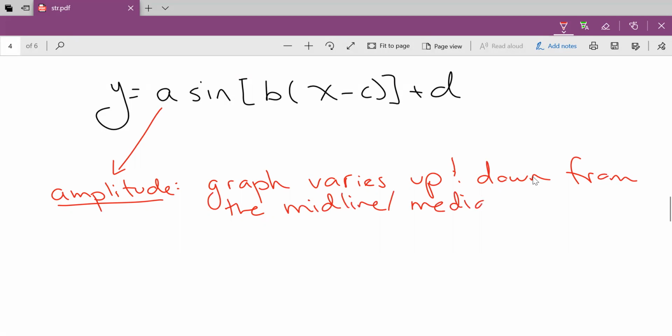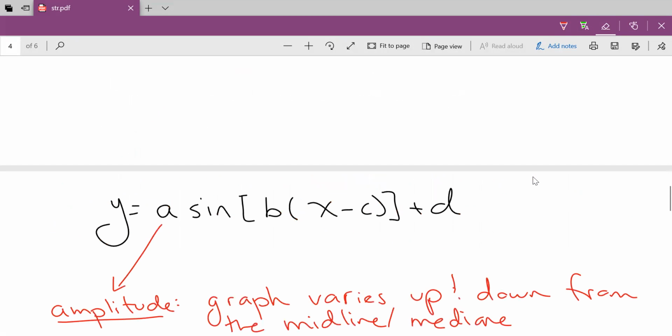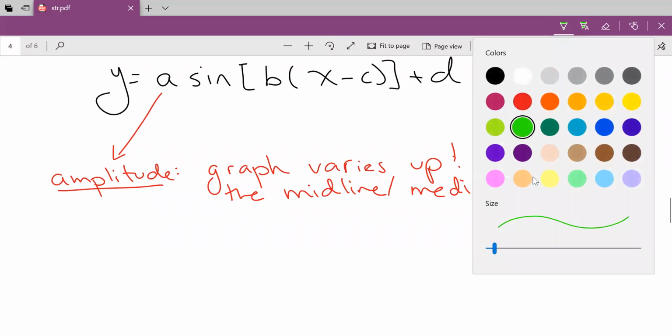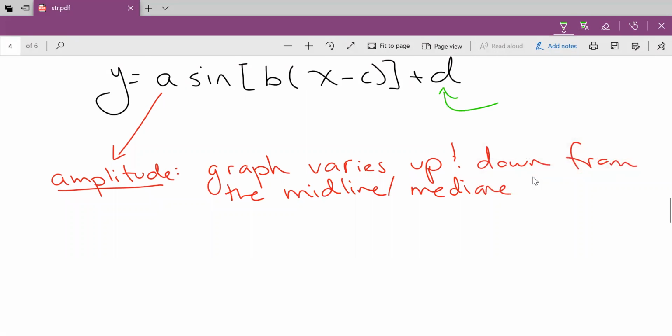So right in the middle of our graph. Now, the D value is that median line, which we're going to investigate in the next lesson. But that right there, that's your midline. So the A value is how much we go up and down from there. That's it. I like to just count that on my fingers.